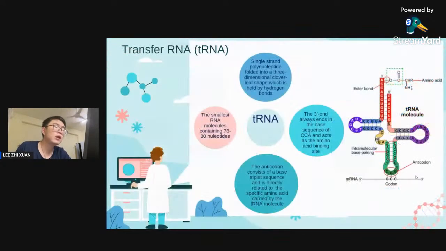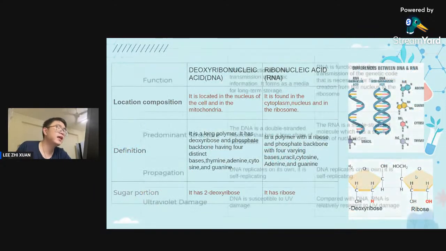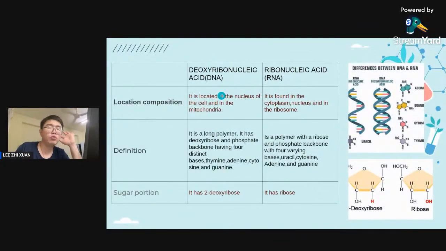Okay, so the differences between DNA and RNA, I don't need to talk much because I already mentioned them many times. About the location, I haven't mentioned this yet. DNA is normally found in the nucleus of the cell, and also in the mitochondria and chloroplast. Chloroplast and mitochondria have DNA, right?